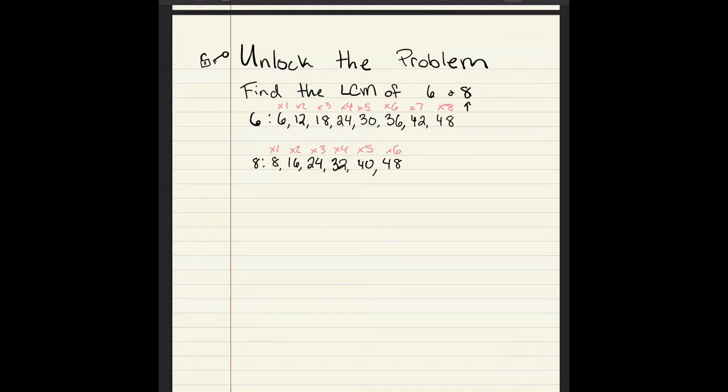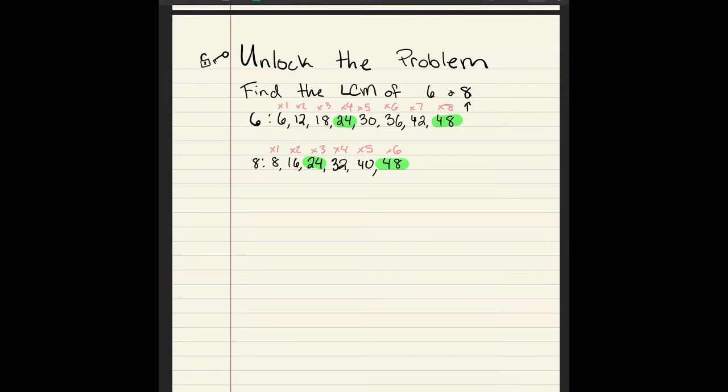All right, now I can look and circle. Actually, I'm going to highlight any common multiples, the ones that are the same. Oh, I see a 24. No 32, no 40. I see 48.